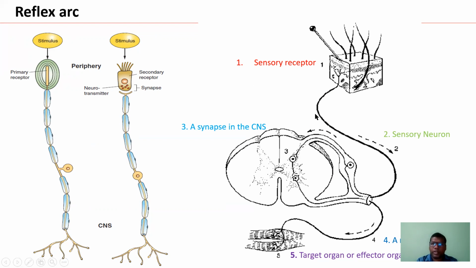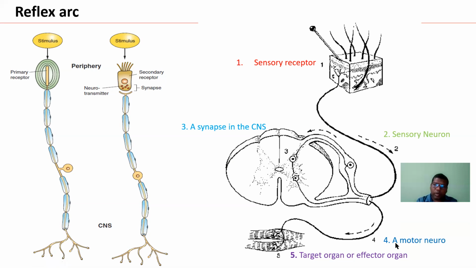That electrical potential is carried by the sensory neuron, which enters the spinal cord through the dorsal root. Third, it will synapse with the motor neuron, and the fourth unit, the motor neuron, acts upon the target organ or effector organ.